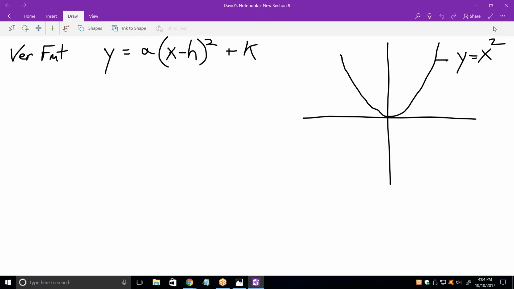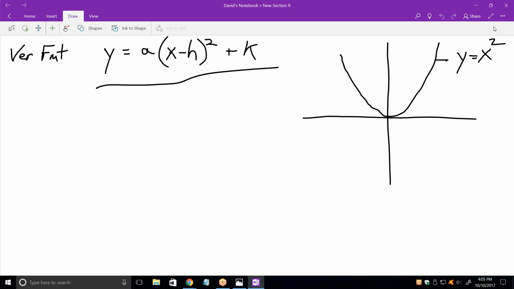The more complicated format for a parabola is what's called the vertex format. And what are h and k in the vertex format? The point. That's the vertex.